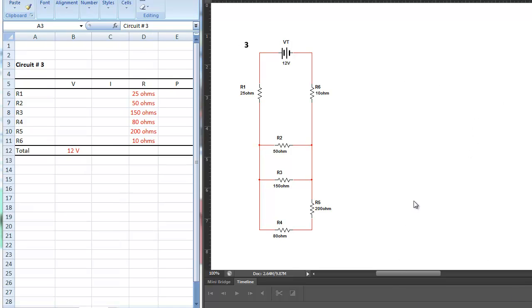Okay, so let's take a look at our third example. You'll notice all we've done here is we've got the exact same configuration of the second example, and we've just added another resistor R6 here. And there again, it doesn't matter what side, the positive side or the negative side. R6 is still in series with the entire rest of the circuit.